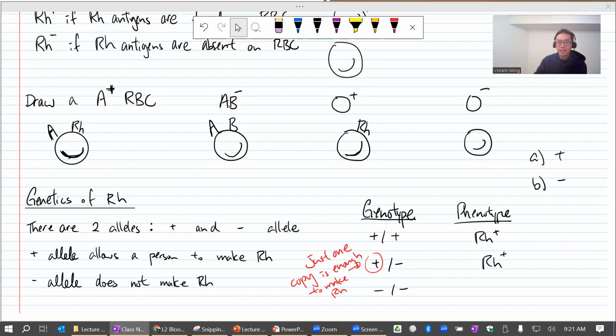And what about negative, negative? Well, if they're both negative, you do not have the recipe to make Rh. So this is Rh negative. Okay. I found out one semester that some people are confused about this because they're thinking about math. They're like, oh, negative times negative is positive. This has nothing to do with math. Okay? If that is the reason why you're confused, then stop thinking that way.